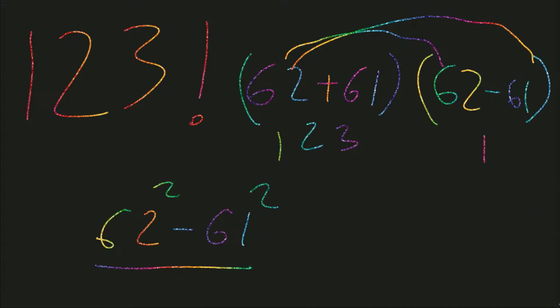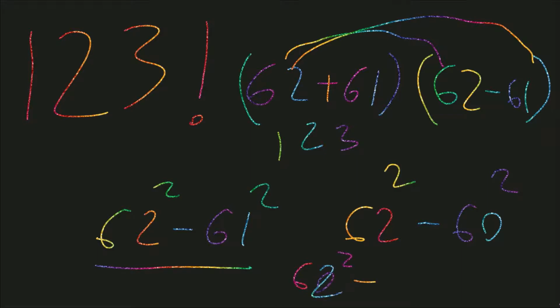So we get this. If we do the same thing for 2 and 122, we get 62 squared minus 60 squared. If we do the same thing for 3 and 121, we get 62 squared minus 59 squared.